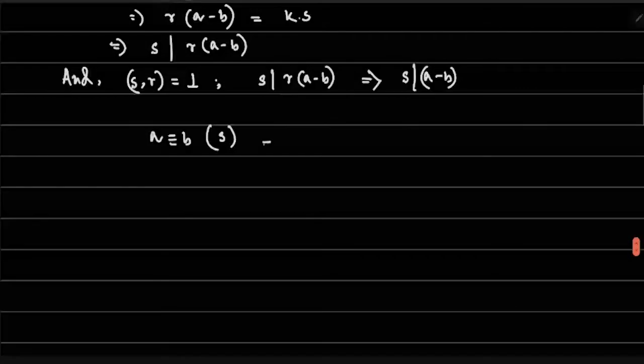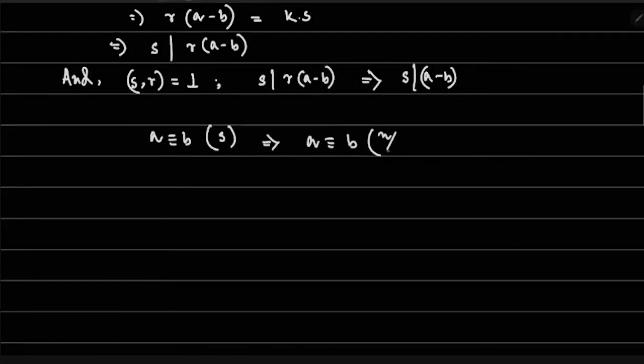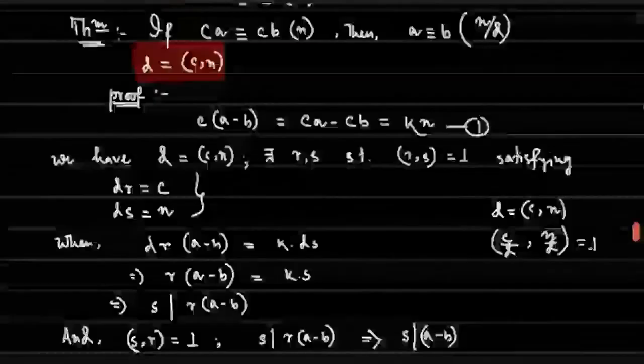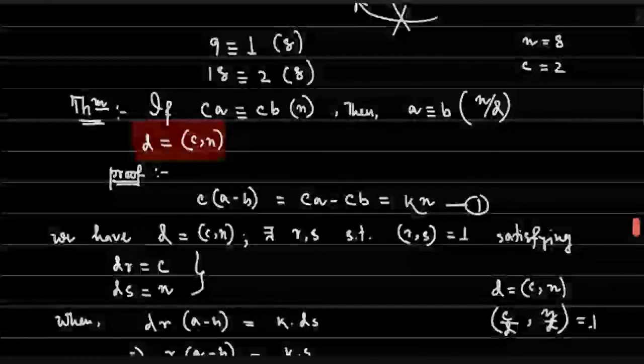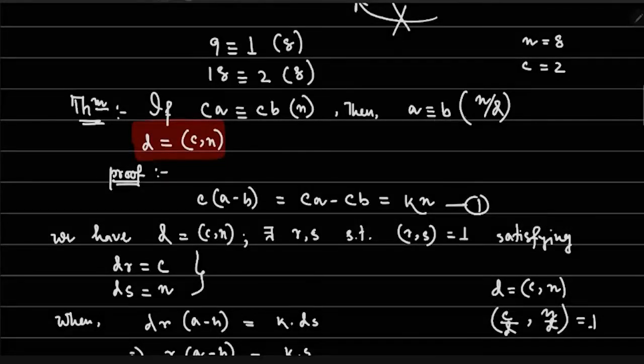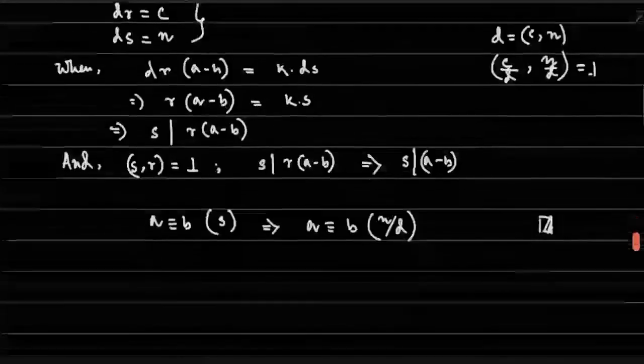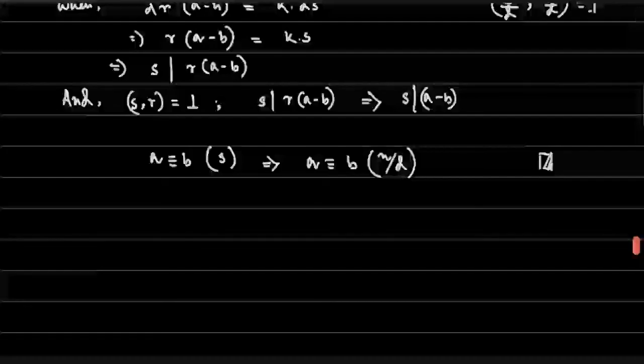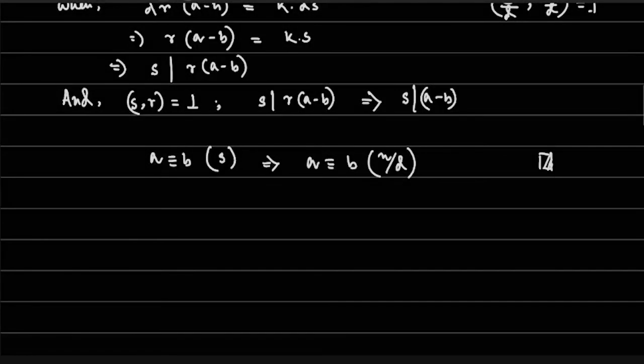So writing like that, a is congruent to b mod n by d, we proved the lemma. Our claim was, if ca is congruent to cb mod n, then a is congruent to b modulo n by d. I hope this is clear, and if it is clear, then we can move forward.